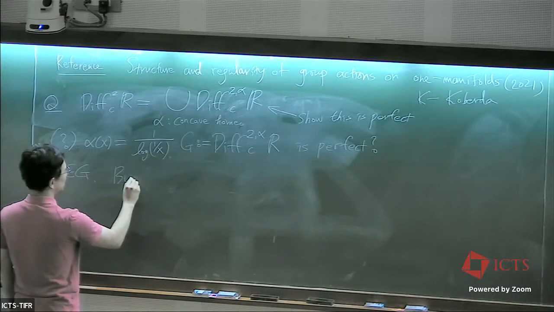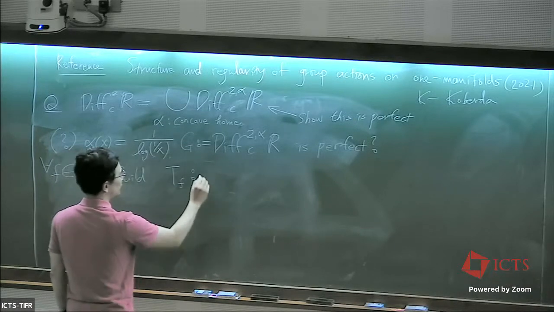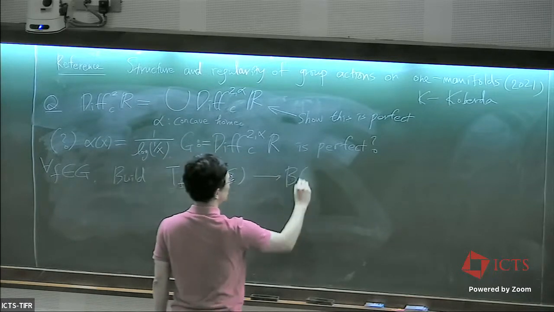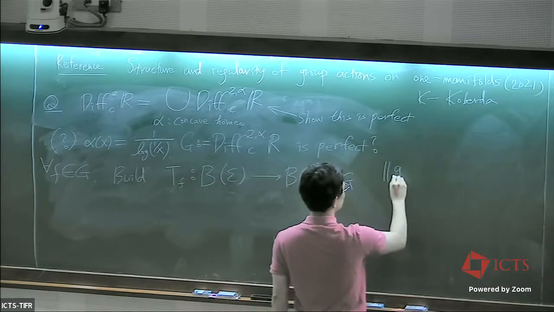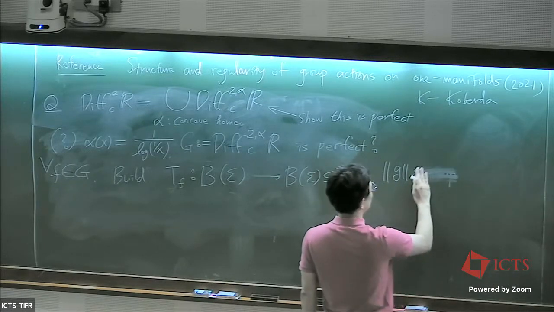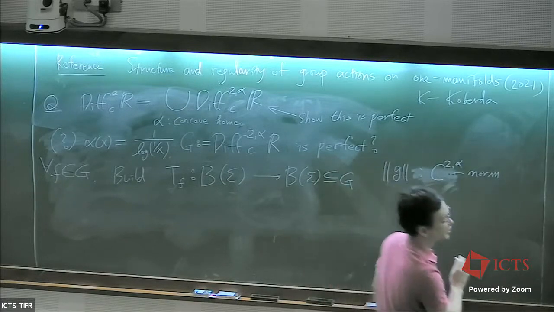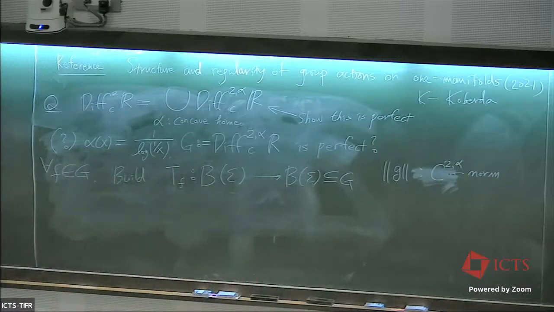So the idea is the following. We want to build some map, say T_F, from an identity neighborhood to the identity neighborhood inside the group, where the norm is this 2 comma alpha norm, the supremum of the difference of the kth derivative divided by the alpha Hölder value.